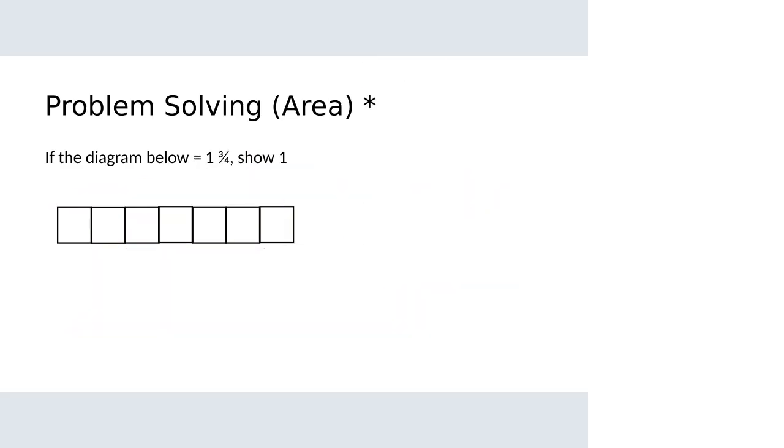Okay. I want to have you try one. In the diagram below, if that's 1 3/4, show 1. So if that's 1 3/4, what would 1 be? How many blocks would there be in 1? So that's what my poll question to you is going to be. How many blocks are in 1?